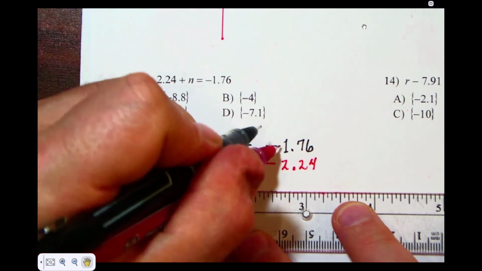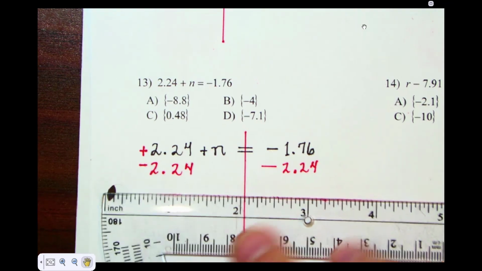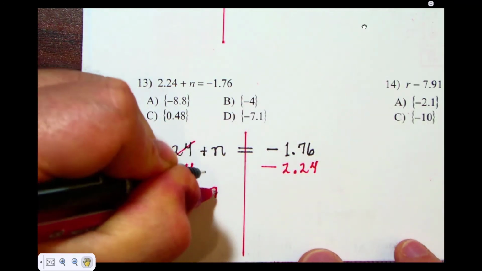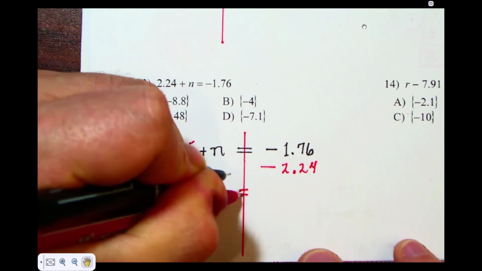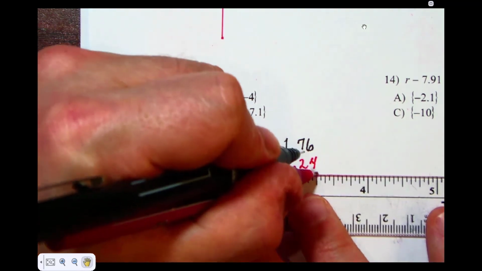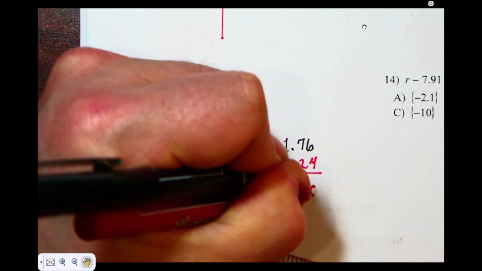So here's the thing. You're standing at negative 1.76 on the number line. You're going to be taking away 2.24, which means you're going to get more negative. So you're basically adding these two numbers, and that's how we think about it. When both of them are negatives, you add. Okay, so 6 plus 4 is 10.